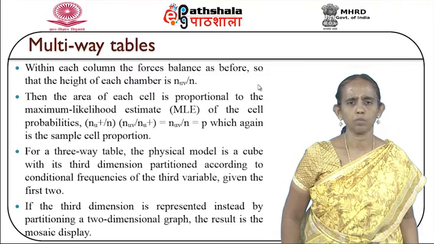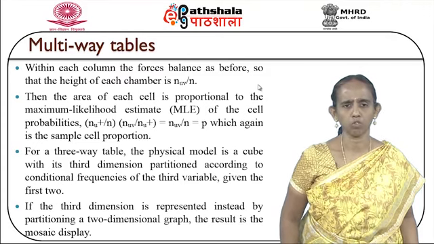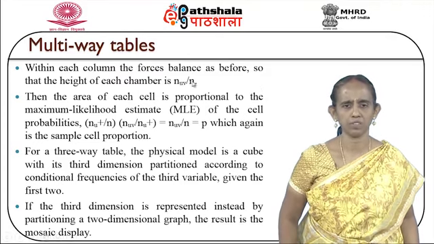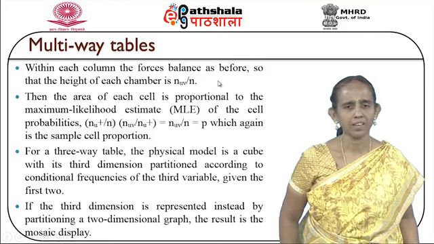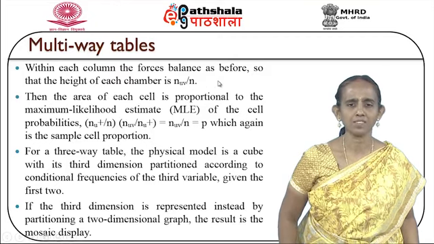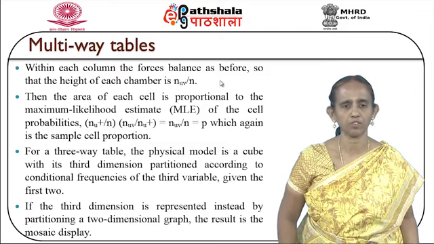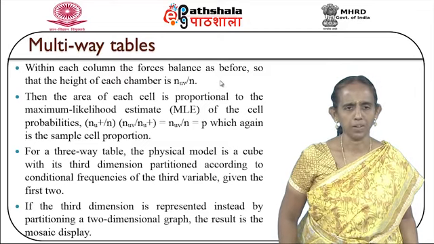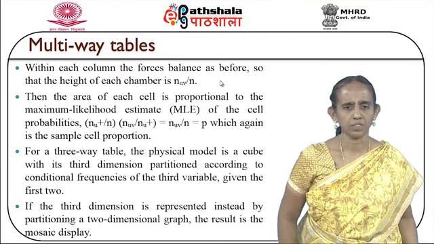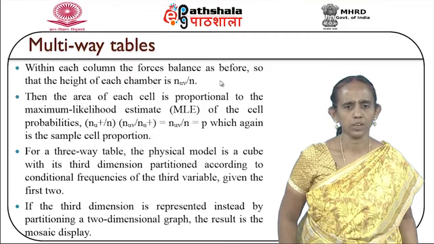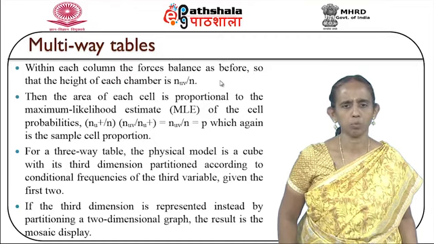Within each column, the forces balance as before, so that the height of the chamber is given as n_uv by n, and then the area of each cell in turn is proportional to the maximum likelihood estimate, MLE, of the cell probabilities, n_u+ by n into n_uv divided by n_u+.